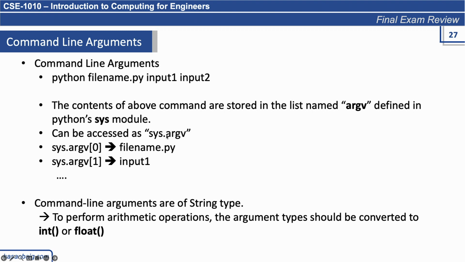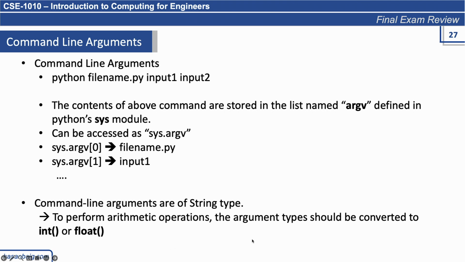With the help of this dot notation, we can access that particular list. And in order to access a particular element of the list, we can just specify the index values, right? So sys.argv[0] would return the first argument, which is the file name. And then the second argument, which is the argument that we are passing, and the third one, and so on and so forth.